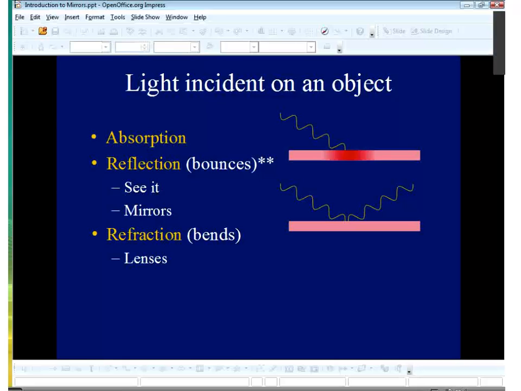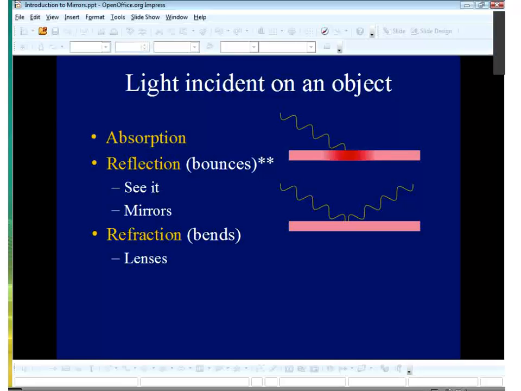Refraction. Refraction actually means speed. It means change of medium, and speed changes when the medium changes. So it is about speed change. Refraction is about speed change. It is about medium changing. And often this medium change is associated with bending.